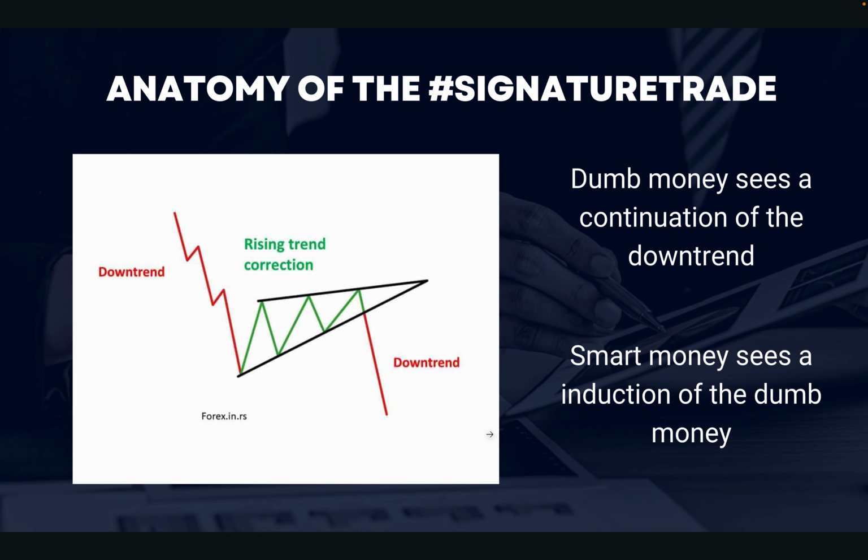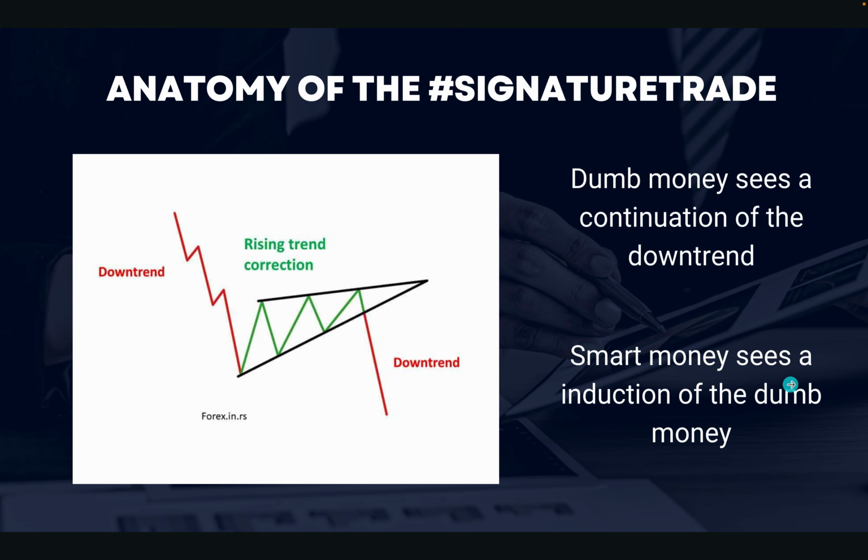The anatomy of the signature trade. Dumb money sees a continuation of the downtrend, right? We have the downtrend, we have the wedge pattern, then apparently more downtrend. This is just a breakout here, breakout to the low, past the low. So dumb money sees continuation of the downtrend.